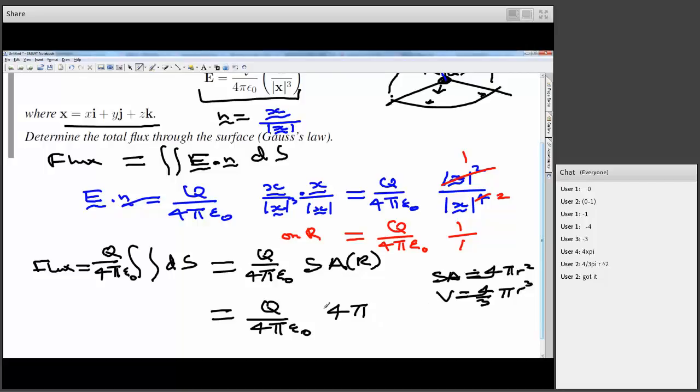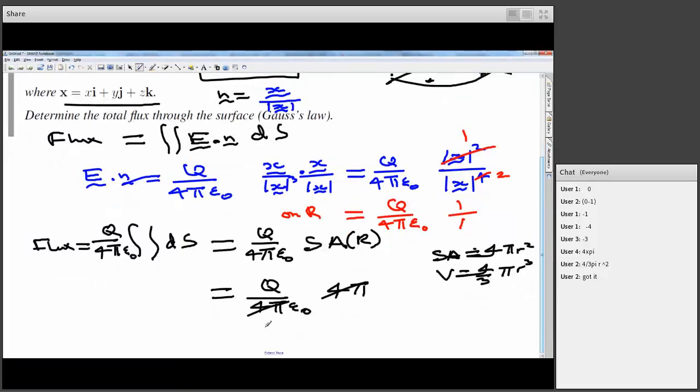So 4 pi is the surface area, and if you notice, the 4 pi's cancel out, which is why the 4 pi is in that formula, and you're getting the charge divided by the permittivity of free space.